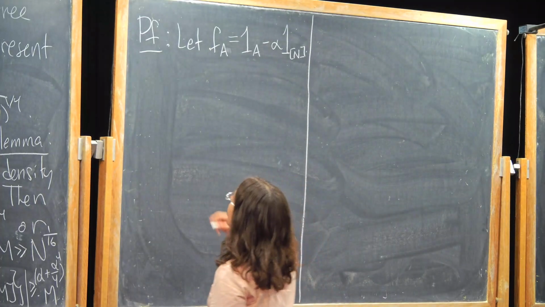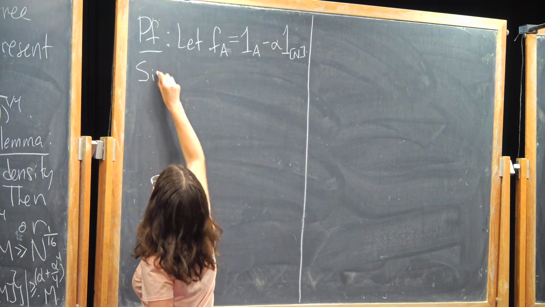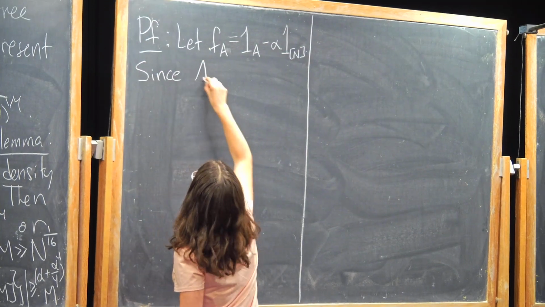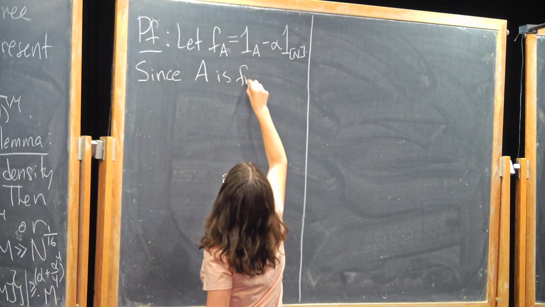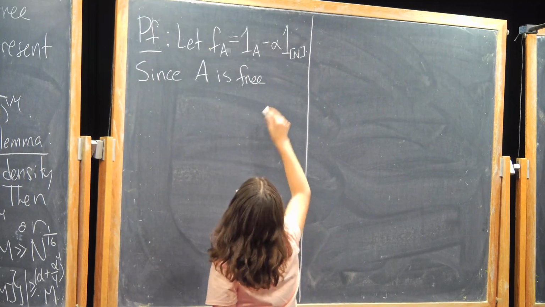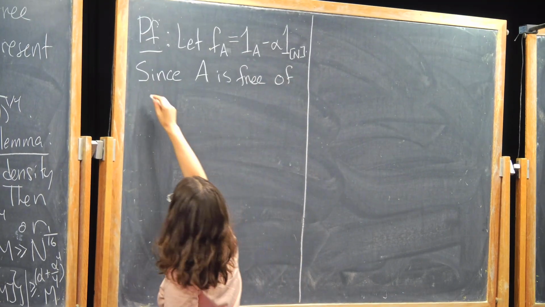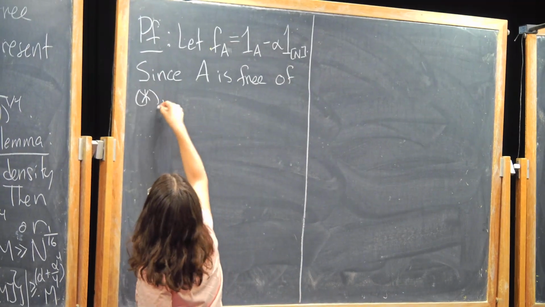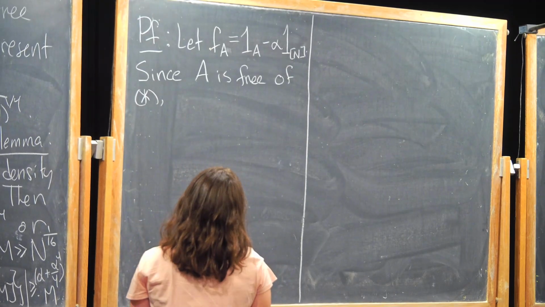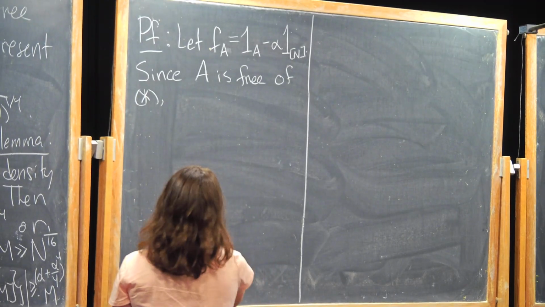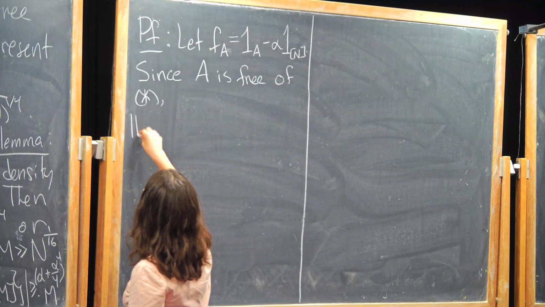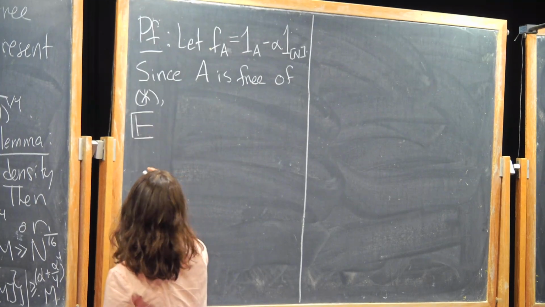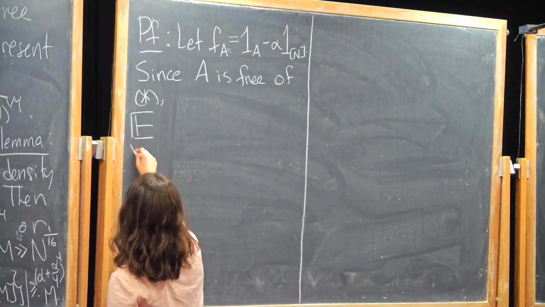So then since A has no square differences, so it's free of the two-term progression x, x plus y squared, the following average that I'm going to write down will be 0. I'll write it down and then explain why I wrote this particular thing down.